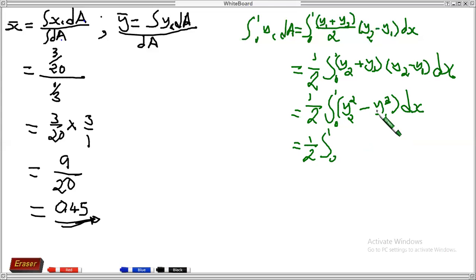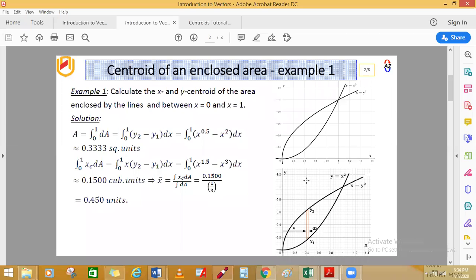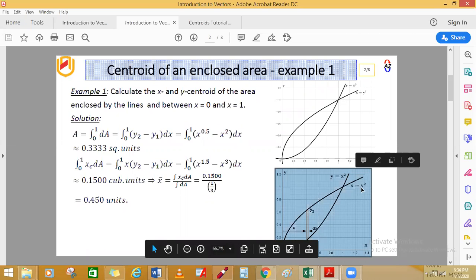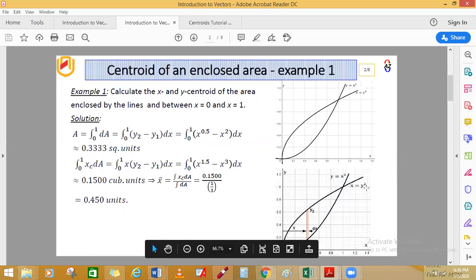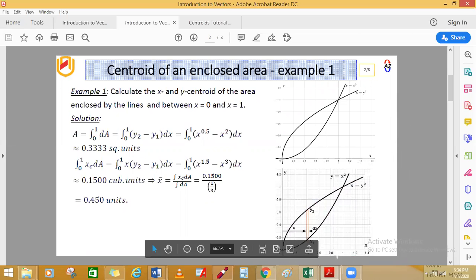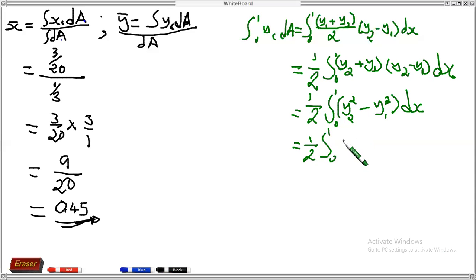Let's check those equations out here. y2 is equal to the square root of x, and y1 is equal to x squared. The square root of x is squared because of this, right?